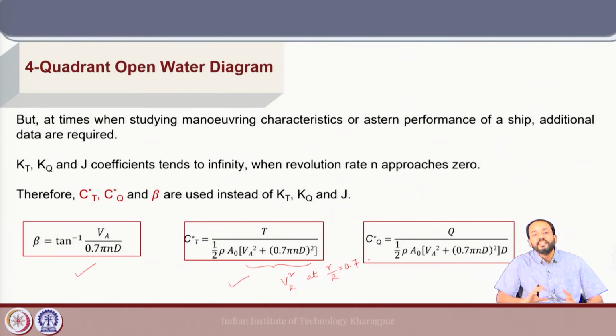So, if we take the blade element at 0.7 times the propeller radius, we will have the resultant velocity equal to this value, for which the square is taken to get the thrust coefficient, and similarly we get the torque coefficient in the same way. In addition, we divide by an additional term d, which is the propeller diameter.